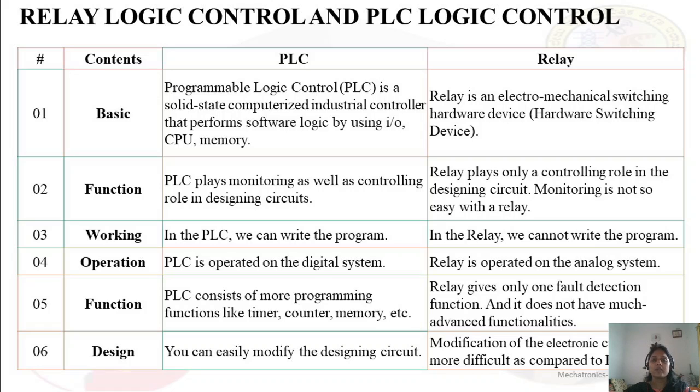A PLC is a solid state computerized industrial controller that performs software logic by using I/O, CPU and memory. A relay is an electromechanical, hardware switching device. A relay is nothing but a switch. It has two options, whether it is 0 or 1.